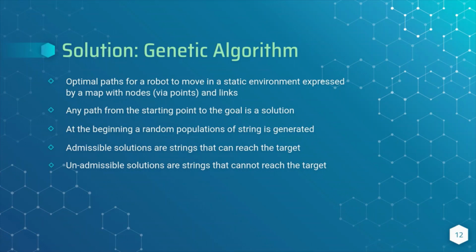At the beginning, a random population of strings is generated which represents admissible or inadmissible solutions. Admissible solutions are the strings that can reach the target, and inadmissible solutions are the strings that cannot reach the target. That means the string solution would lead the robot to move in collision with the obstacles.